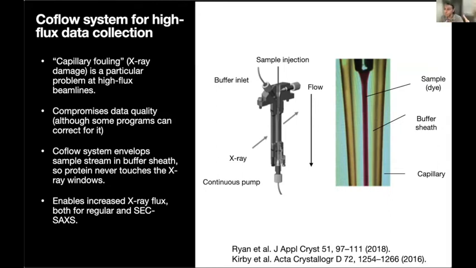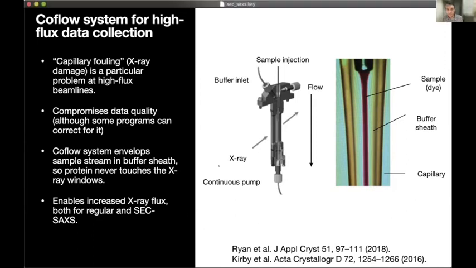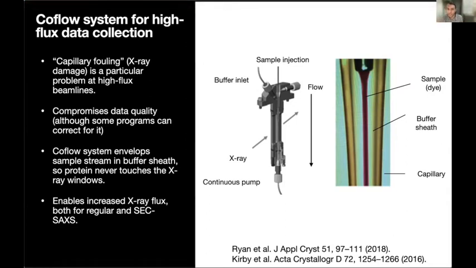I said that this capillary fouling issue is because proteins will stick to the walls, and so when you envelop the protein in this sheath of buffer, it's never able to do that. They're able to show some really good performance on this system. They can crank the flux way up and get very good signal to noise. So you'll probably see these CoFlow setups being adopted more widely, particularly as synchrotrons are upgrading and getting higher flux.